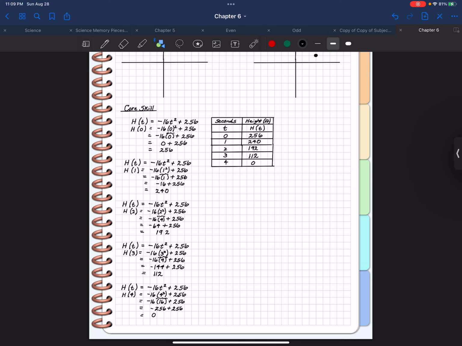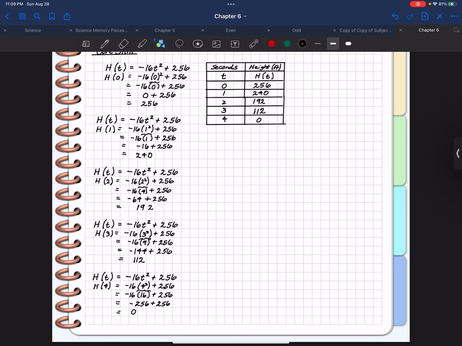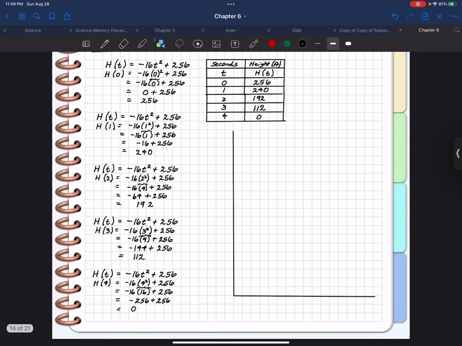Okay, so let's graph. I was hoping I could figure out the scale without having to actually figure it out, because this video is getting very long. But it's okay. Remember, the independent variable is seconds.